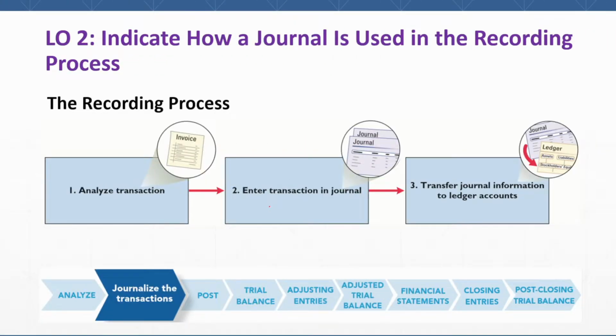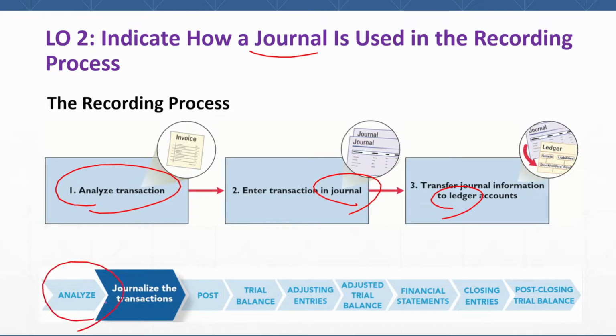So in learning objective 2, we learn about the journal and how we can use this tool in our recording process. So the recording process has 3 steps. We start by analyzing our transaction, and then we record our transactions in journal, and then we transfer the information in the journal into ledger or ledger accounts.